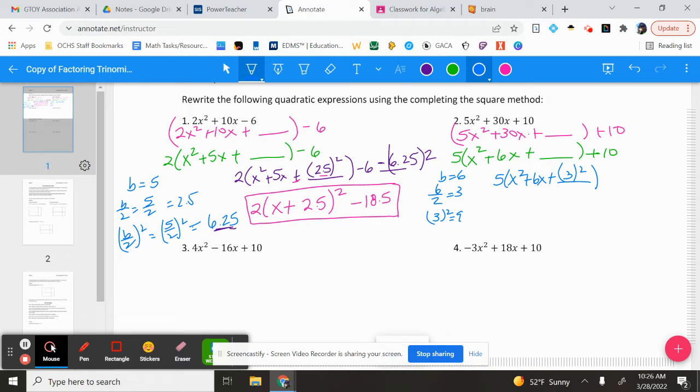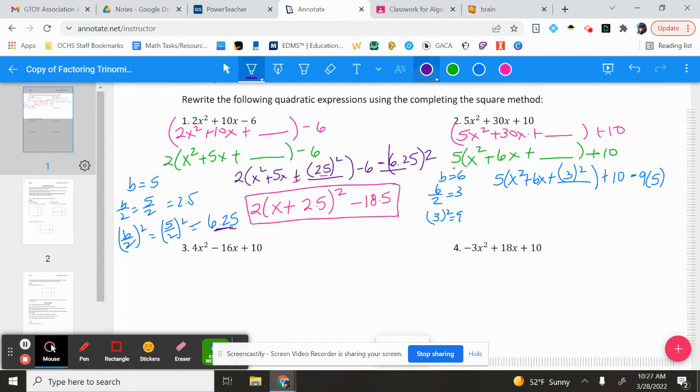And I like to leave it with my b divided by 2 in there, so that when I get ready to expand, it makes my life a little bit easier. And then plus 10. But remember, I've put in 3 squared, so I must take it out. But I also have to remember that I am multiplying by 5 here. So when I take out the 9, which is 3 squared, I have to multiply that 9 by the 5 that I have factored out.